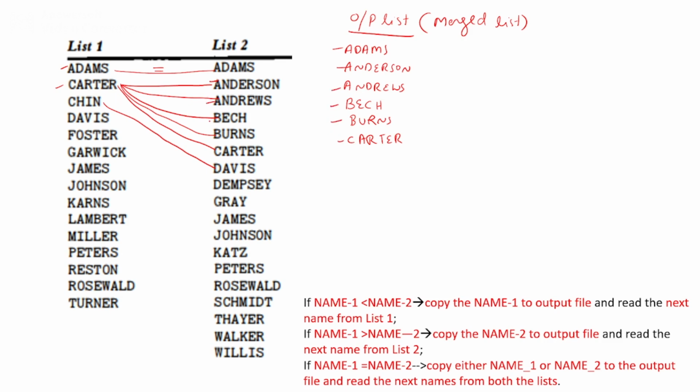All these elements are written. Next comes Chin and Davis. Chin is smaller, that I am going to write over here, and then the next name from list 1. Davis and Davis both are equal. I will write that, and the next name from both lists.